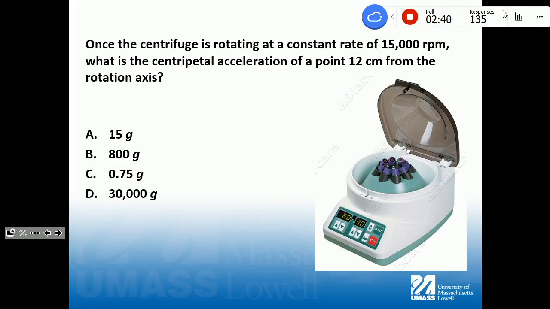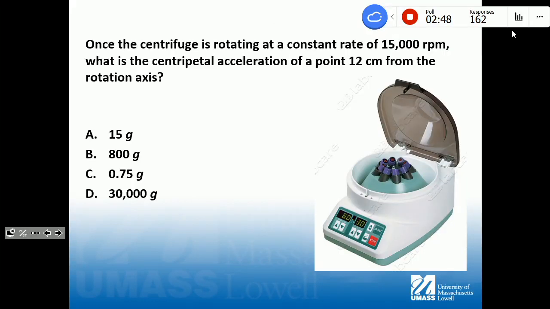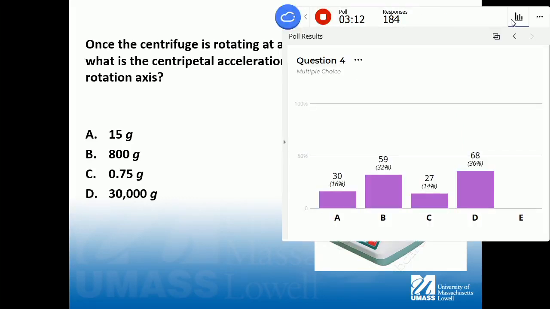Right, let's take a look. Okay, if you guys are doing this correctly, some of you are.